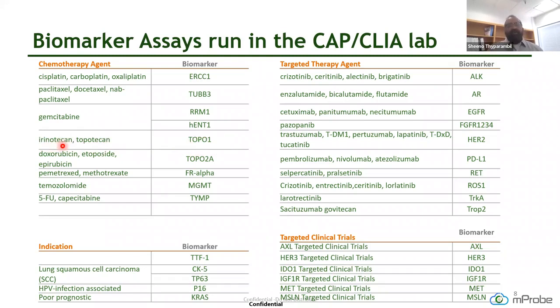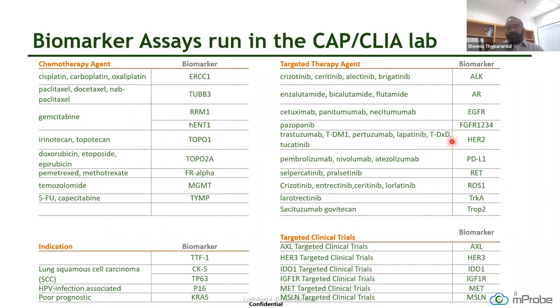Essentially, how do you deliver potent chemotherapy into a patient's tumor? So some of these biomarkers are what the physicians are using to decide what type of chemo regimen I should go for.